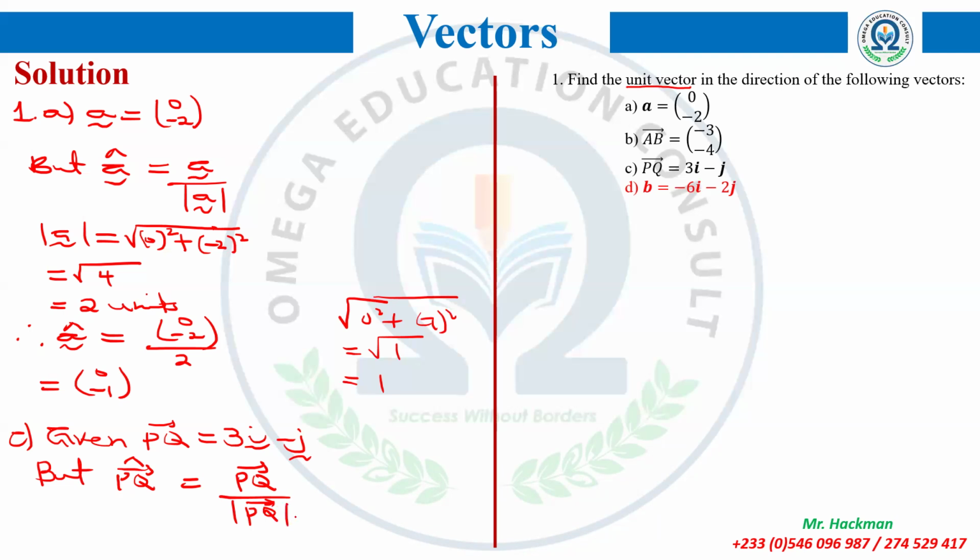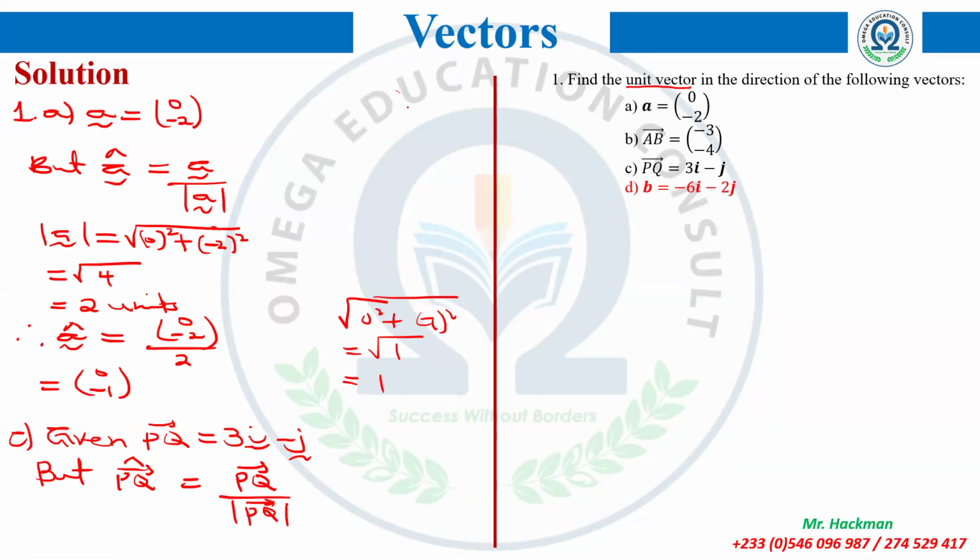And please, anytime you write your vectors in the free form or using 2 points, make sure you don't forget to indicate the arrows, because it is the arrows that bring out the fact that you are dealing with vectors. So again, we'll find the magnitude of the vector PQ, then substitute.